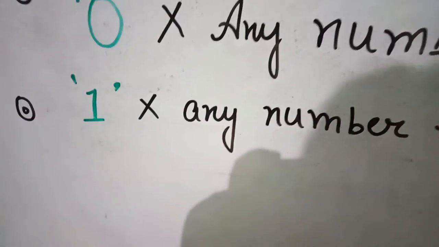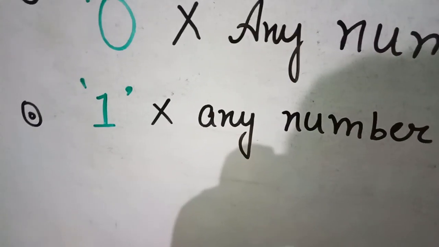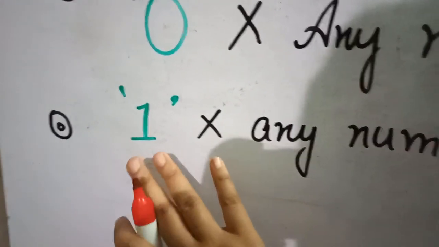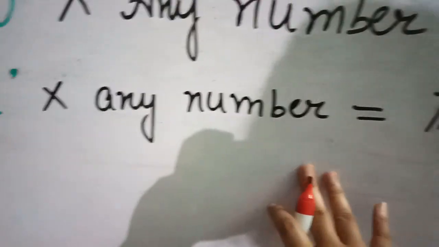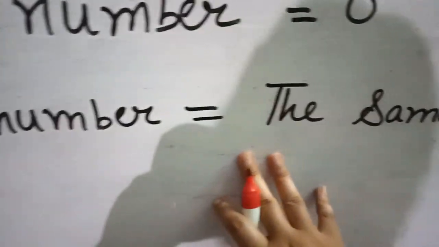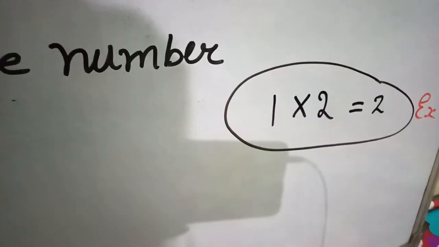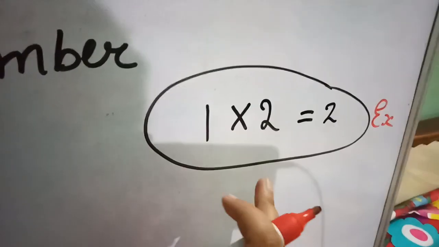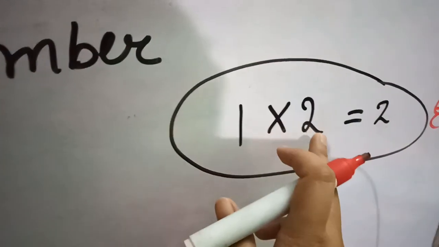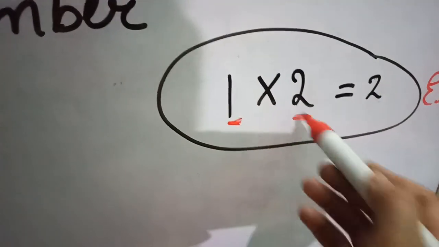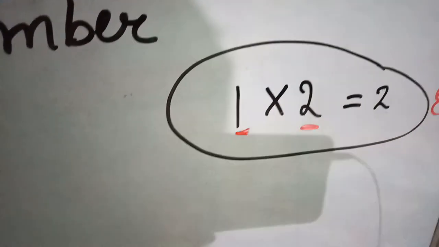The other thing we are going to discuss is 1. When we multiply 1 with any number, the answer is the same number. For example, when we multiply 1 multiply 2, the answer is 2. We are multiplying by 2, so the answer is the same.